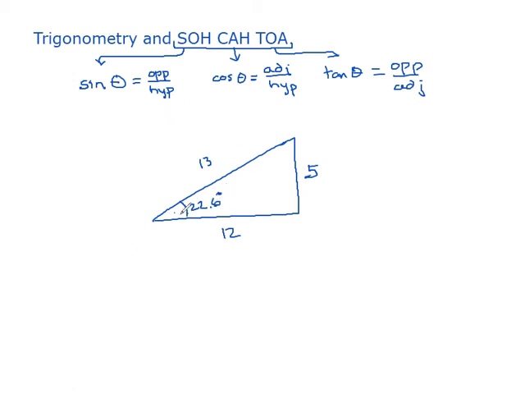There are three things we could write if we're standing in this position. If they asked for the sine of 22.6 degrees, that would be opposite over hypotenuse. So sine 22.6 should be the opposite side, which is 5, over the hypotenuse, which is 13.